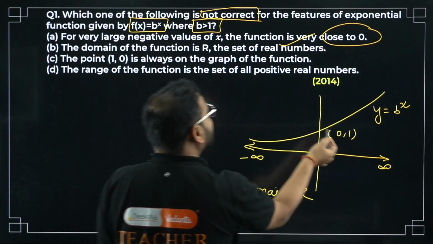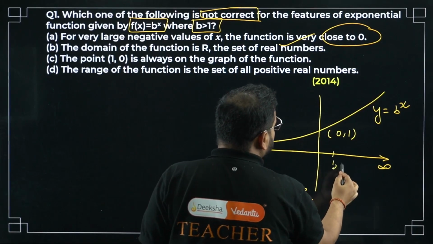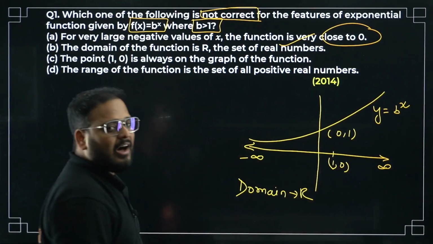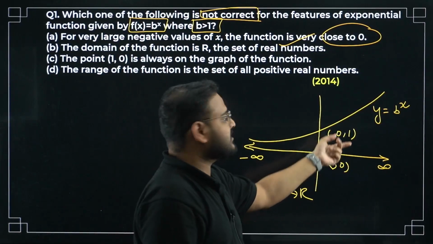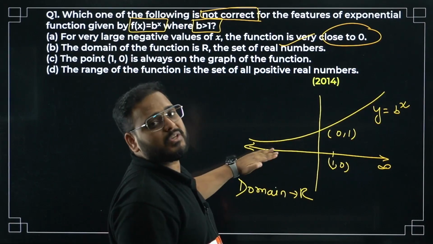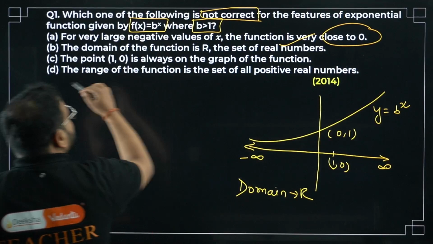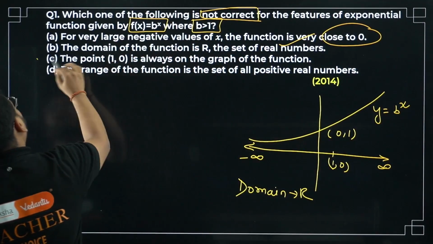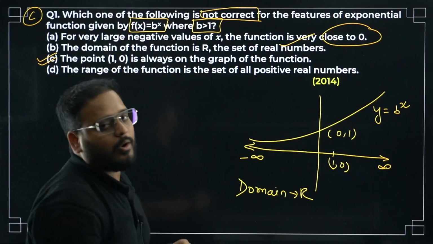No, (0, 1) is there, no? (1, 0) is on the x-axis, right? How can that be there? Never. This graph can never become 0. We said, na, whatever value you take for x, it'll never be 0. For that reason, option C is the incorrect option. It means our required answer is option number C.